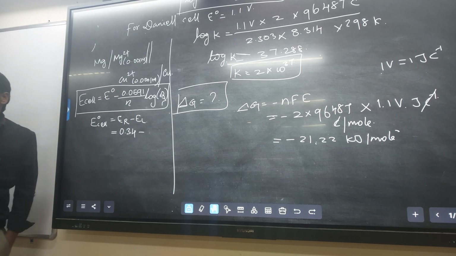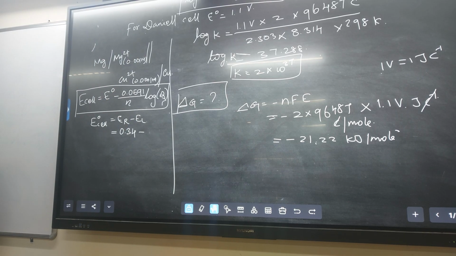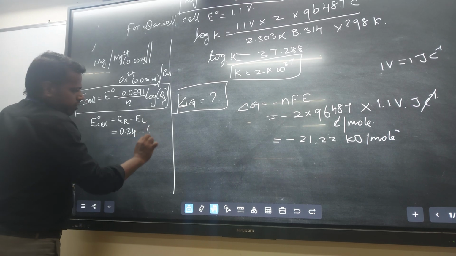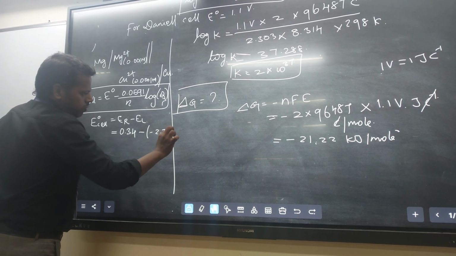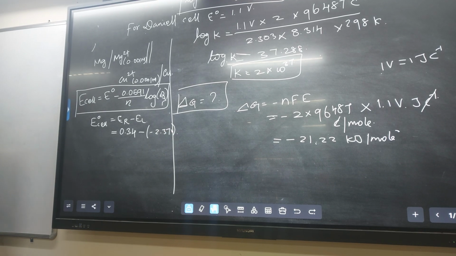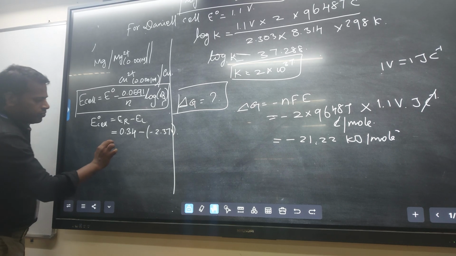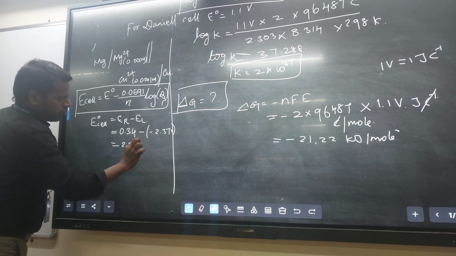And the reduction potential value of magnesium. Sometimes they give it, otherwise they won't give it, and we have to take it. That is minus 2.37 volt. So now you find what E0 cell is. 2.71 volt.